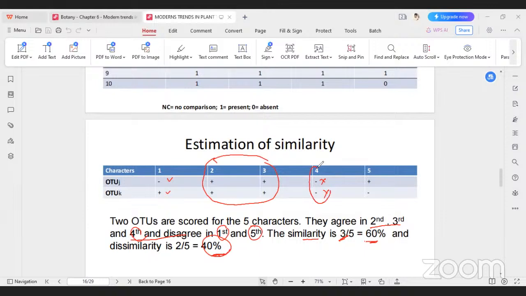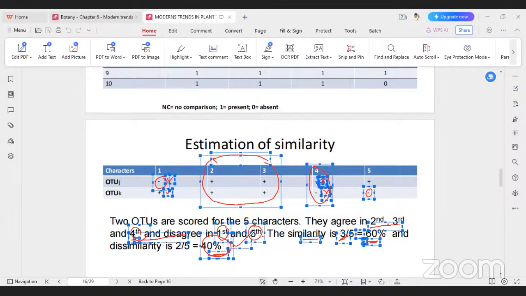Dissimilarity here is 1, and these two also 1, total 2. 2 by 5 is 40%. So this is the estimation of similarities.